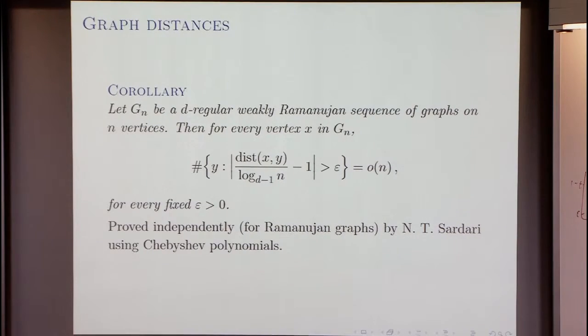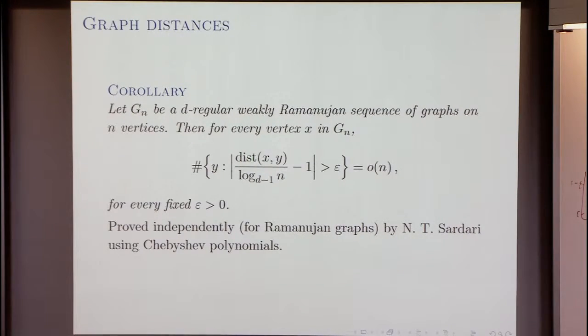And a result going back to the 80s, proved by Fan Chung and others, is that twice log to base d minus 1 of n is an upper bound. So the diameter is between log n to base d minus 1 and twice that. But whether the factor 2 can be attained, we don't know. That's an open question.